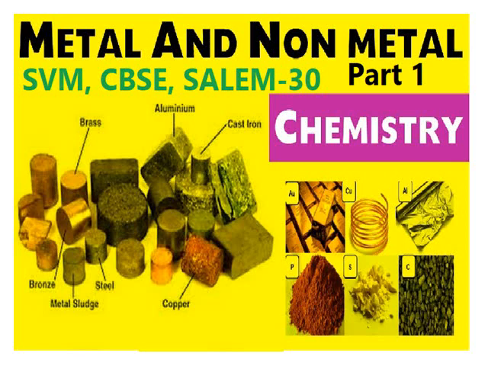So which are all metals and which are all non-metals? How to identify a metal or a non-metal? All these questions have an answer in today's lesson. Come, let us go into the class for the next slide.